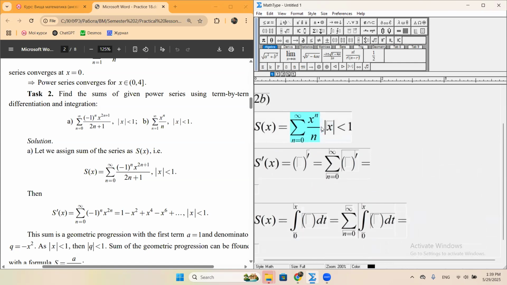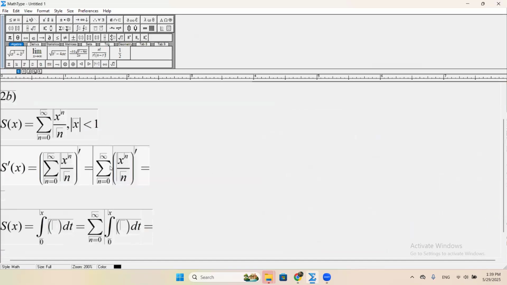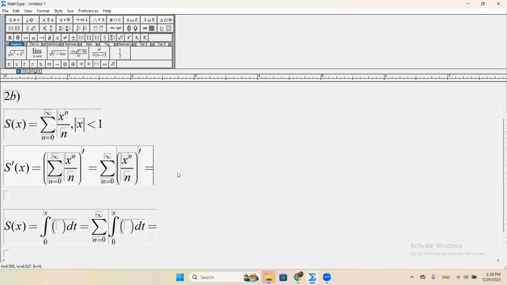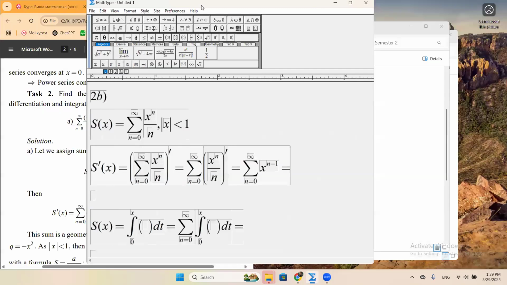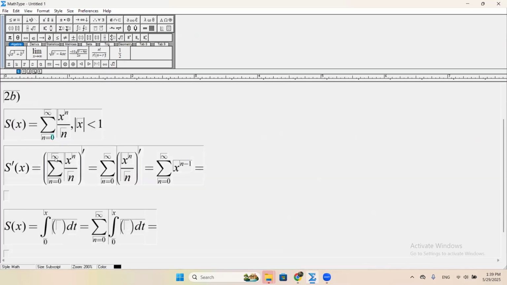So differentiating this series, we will receive the following sum: x in power of n minus 1, with n starting from 1, not from 0 in this case.